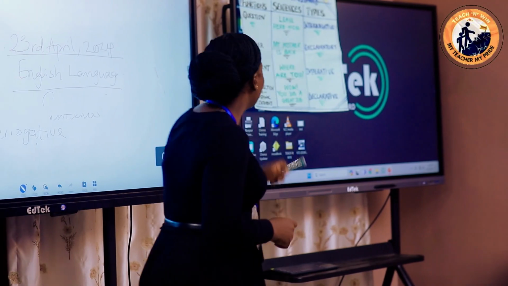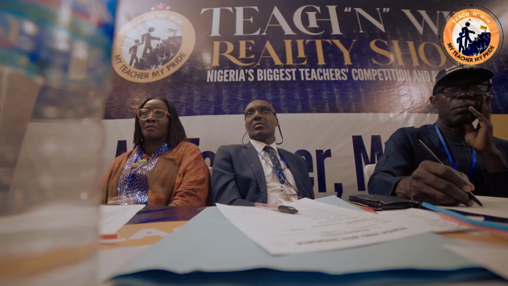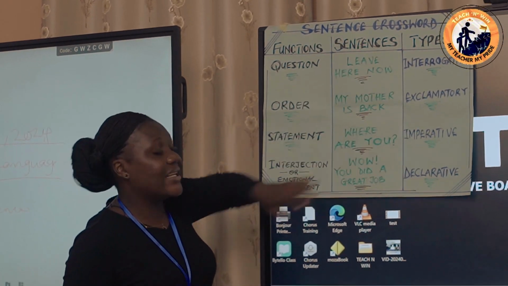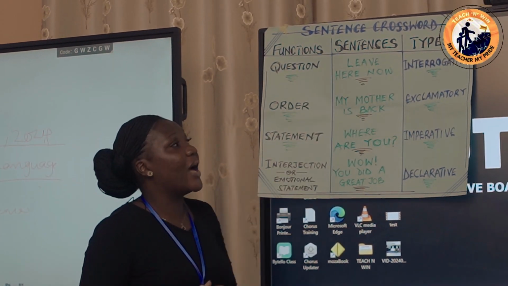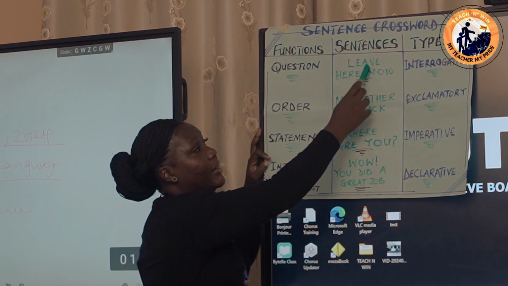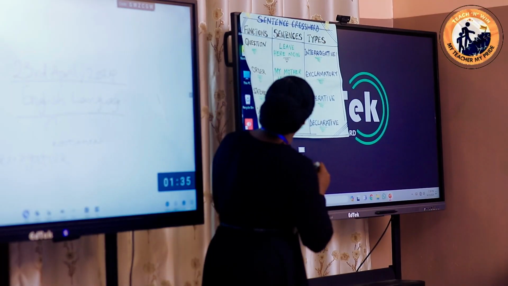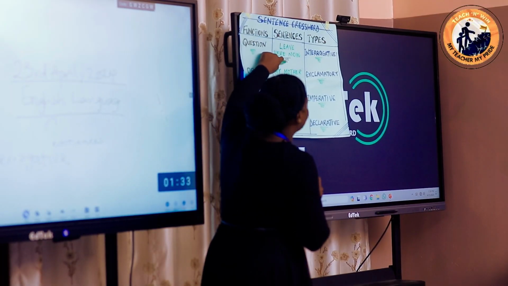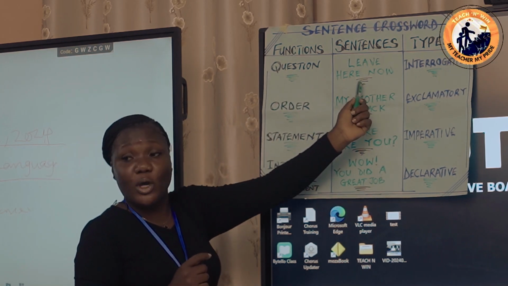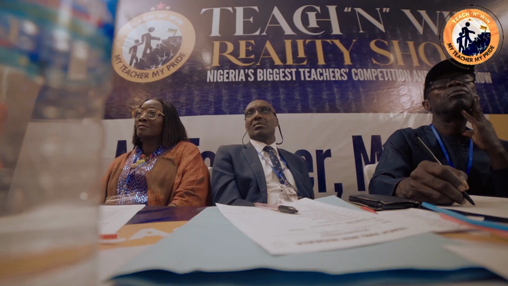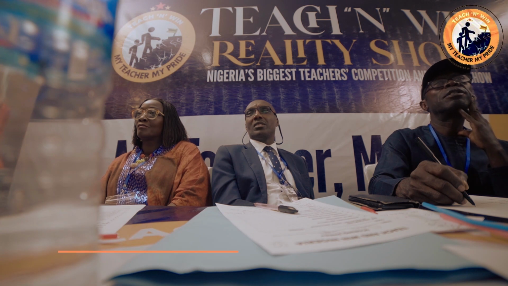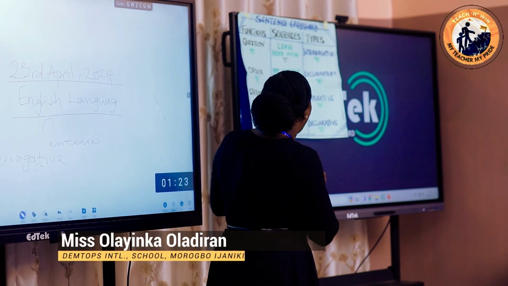Now let's look at the chart that we have on the board very quickly. I want your attention to be on this column here. We have sentences here. The first sentence, can someone please read this to me? Leave here now. Very good. Now, leave here now is a sentence. What function do you think this reflects? That is an advice?